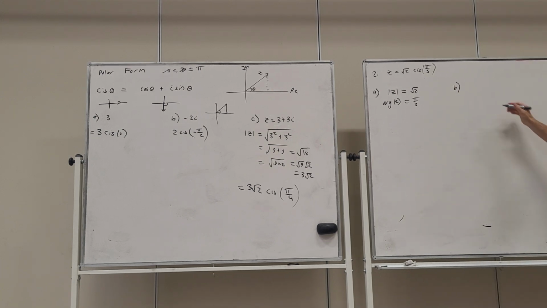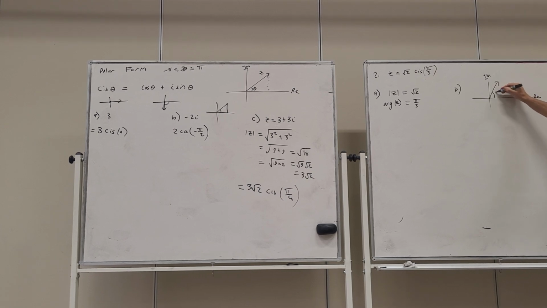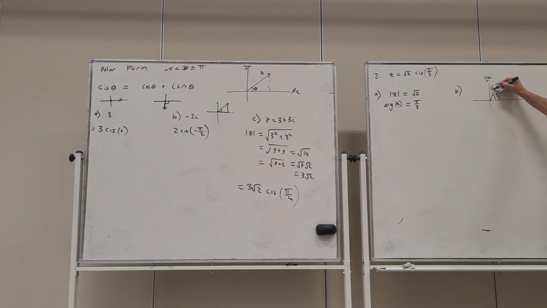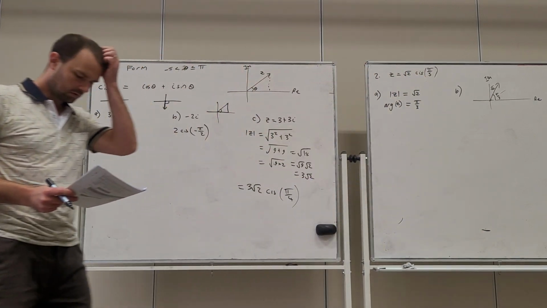So on the Argand plane, we have the real axis and the imaginary axis. We have a modulus of root 2 and an angle of pi on 3. Pi on 3 is more like that. So that would be a good way for us to sketch it on the Argand plane.